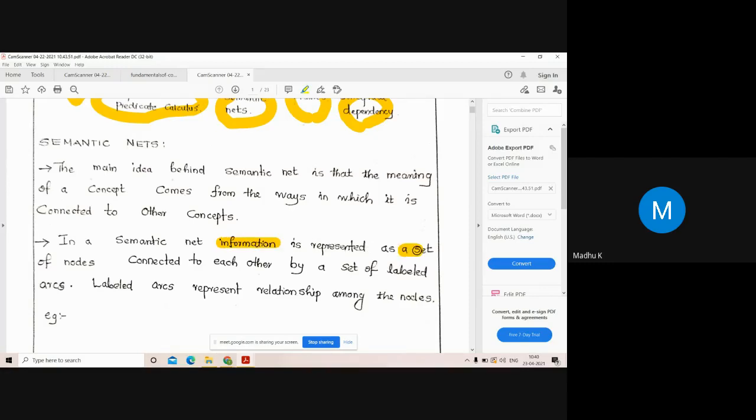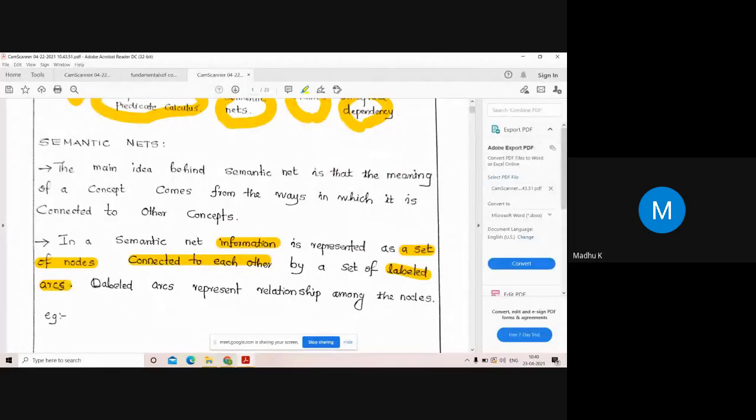These nodes are connected to other nodes, so the set of nodes connect to each other by a set of labeled arcs. Basically it is a graph representation. So there will be nodes, and the nodes are connected to each other. And the arcs are labeled.